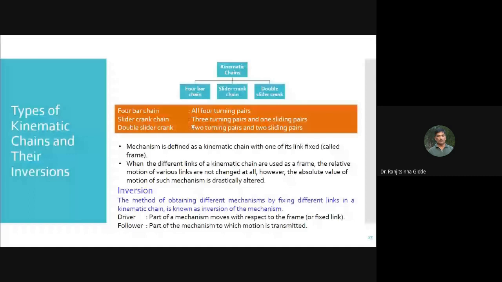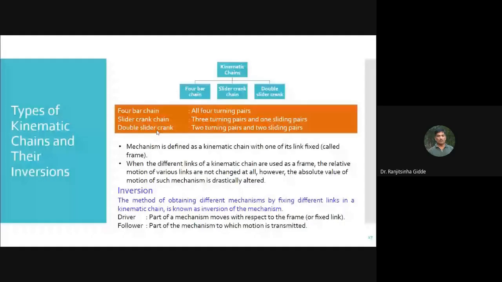If 3 turning pairs and 1 sliding pair are used, then it is called a slider crank chain. And if 2 turning pairs and 2 sliding pairs are used, then it is called a double slider crank mechanism.